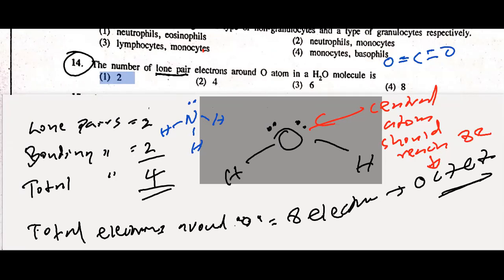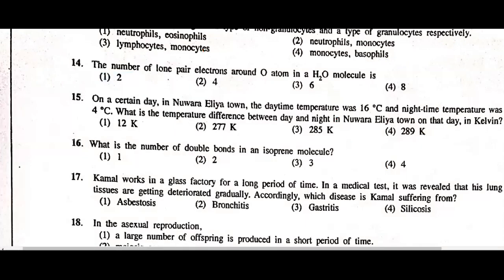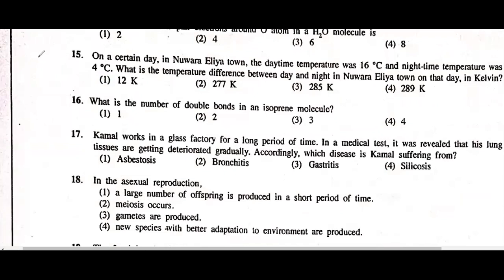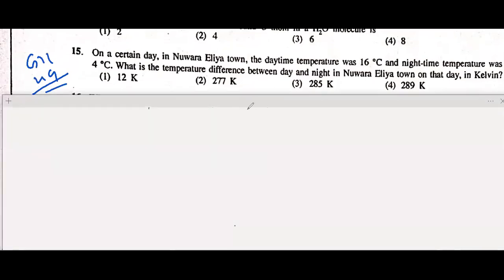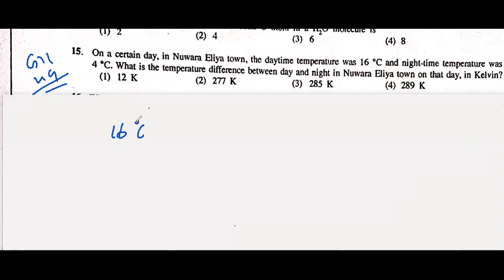Then the next one, question number 15. This is from grade 11 unit 9, the heat lesson. Who can give me the answer? The temperature has dropped from 16 degrees Celsius in the daytime to 4 degrees Celsius at night in Nuwara Eliya.